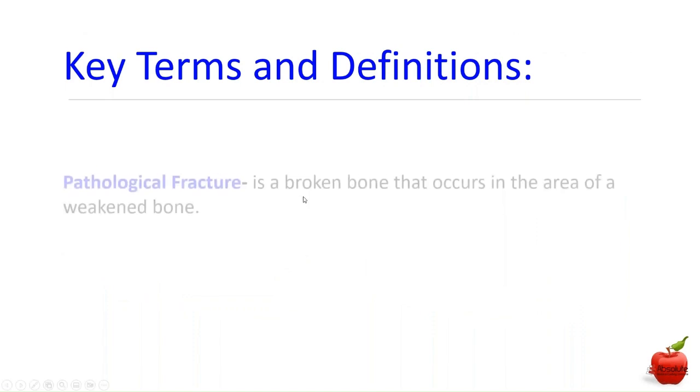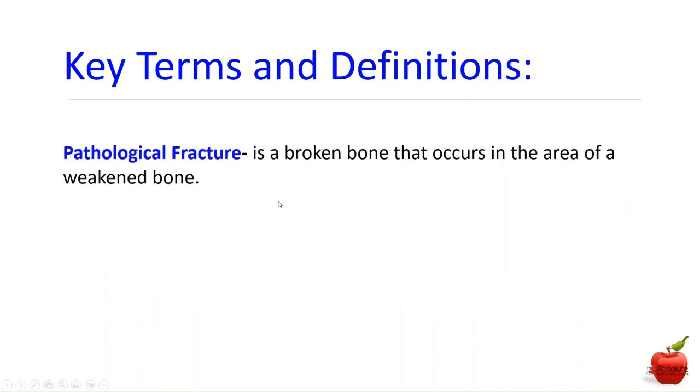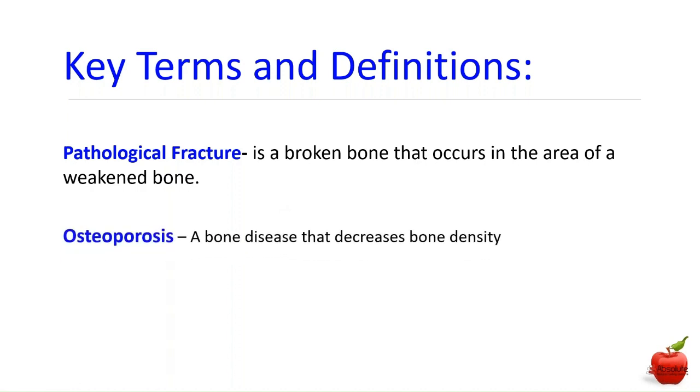Key terms and definitions. Pathological fracture, that's a broken bone. It's a broken bone that occurs in the area of a weakened bone, often because of some type of pathological process that is causing the bone to weaken.